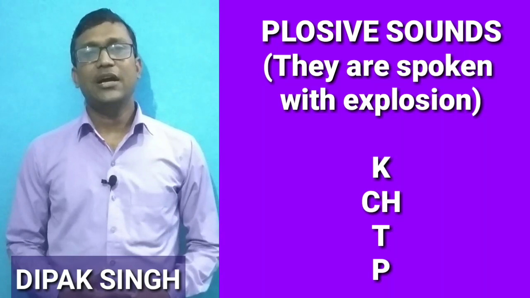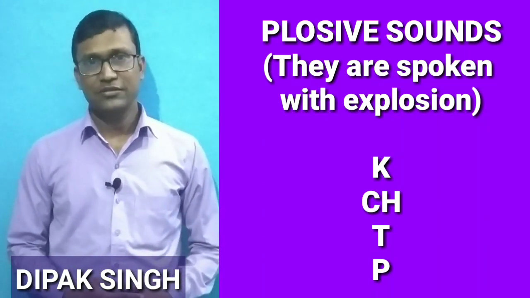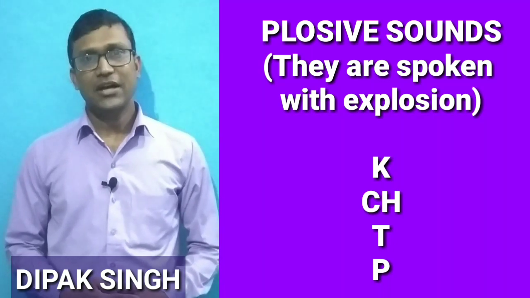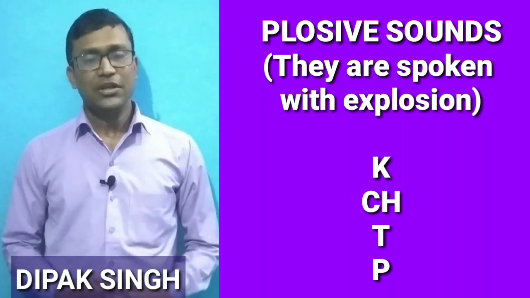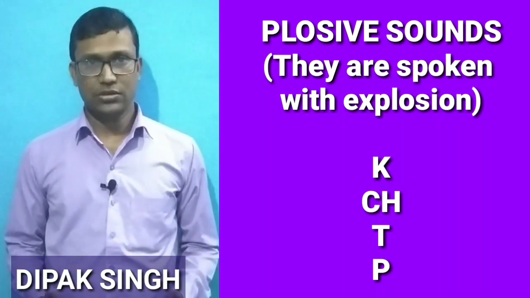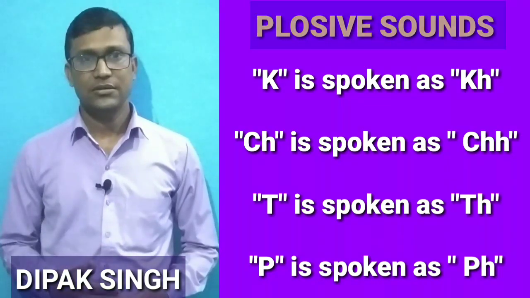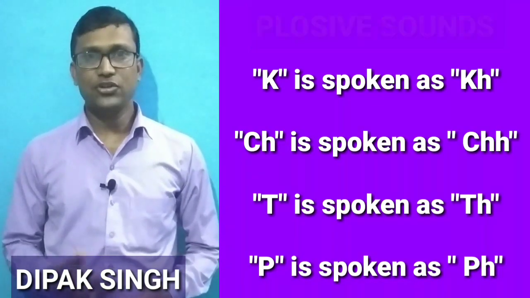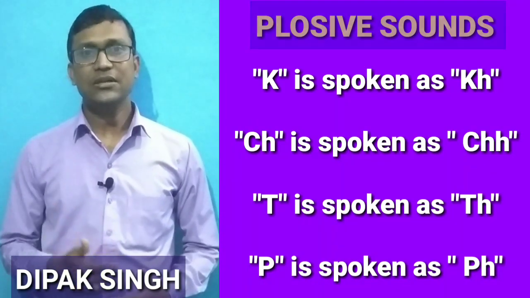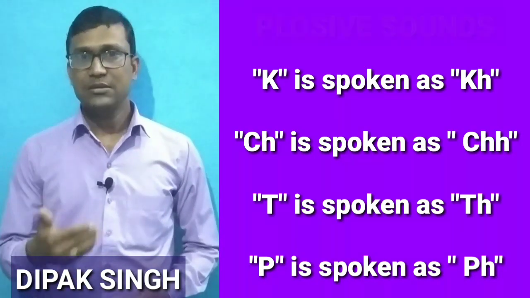The first rule is that in English there are 4 plosive sounds. They are k, ch, t and p sound. These plosive sounds are spoken with a little bit of explosion. That means k is spoken as k, ch sound is spoken as ch, t sound is spoken as t, and p sound is spoken as p.